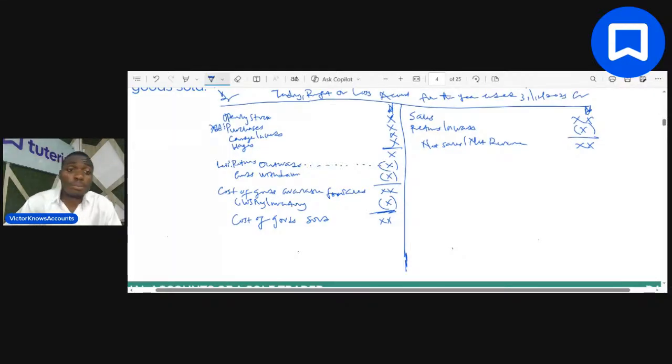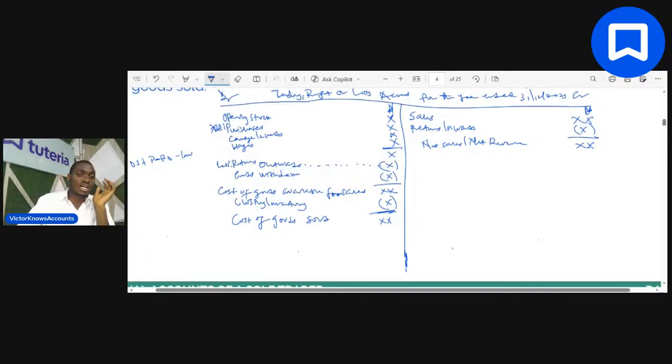Now, on a more basic level, if there's no carriage inward, there's no wages, there's no goods withdrawn and all, your cost of goods sold will just be opening stock plus purchases minus returns outward minus inventory.